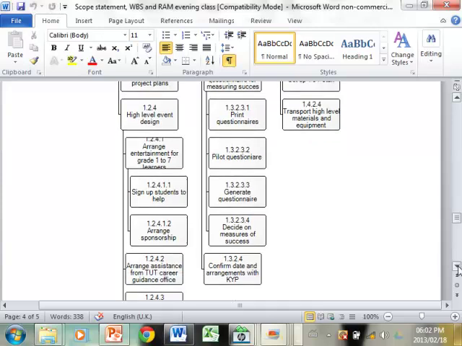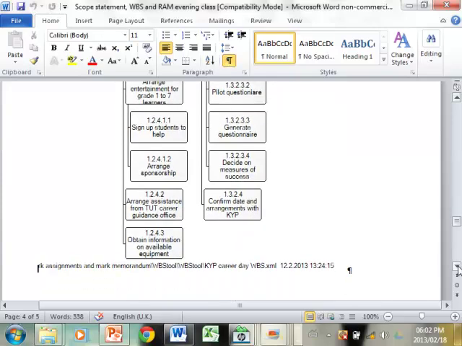And as part of the high-level arrangements, I also need to arrange assistance from the TUT Career Guidance Office, because I would like them to have a stall with their pamphlets and so on. And then the last thing I must do is to obtain information on the available equipment, because you want to know, are there tables, are there chairs, that type of thing. So you can go and look at it and decide.